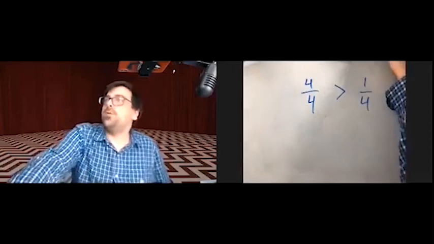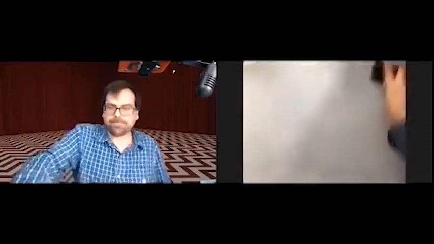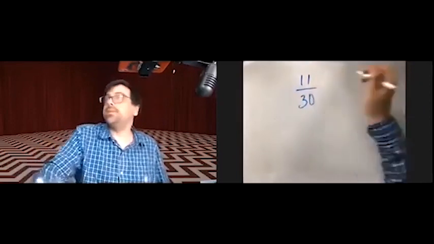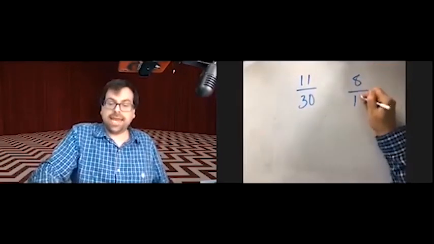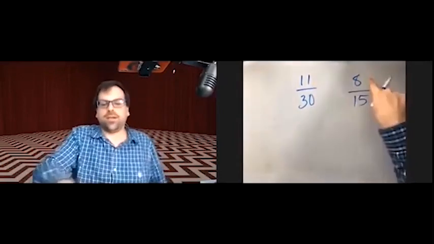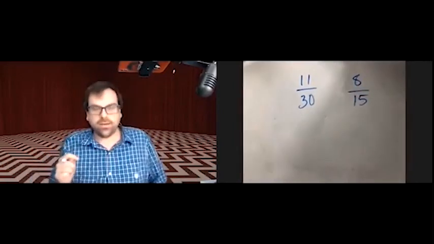The bottom number isn't always going to be the same. We were comparing 11/30 and 8/15. We can't just say 11's greater than 8, so it's greater than.